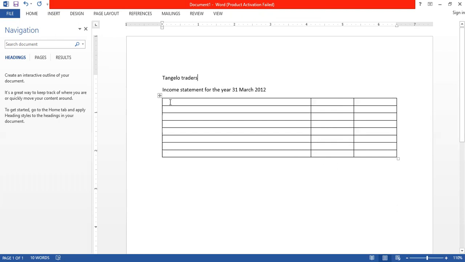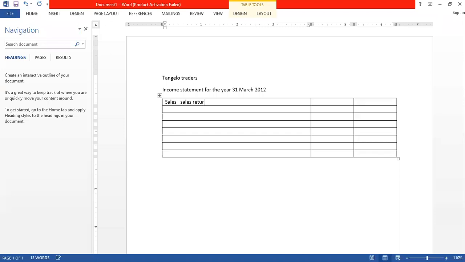So the first thing you record in an income statement is sales, and make sure it's less sales returns, if there are any. Serafina, can you please zoom your screen a little bit?